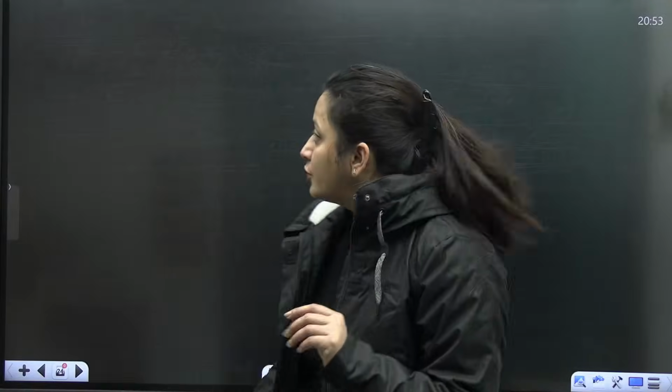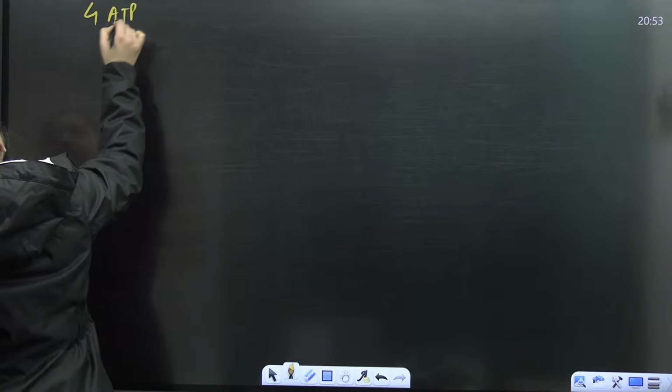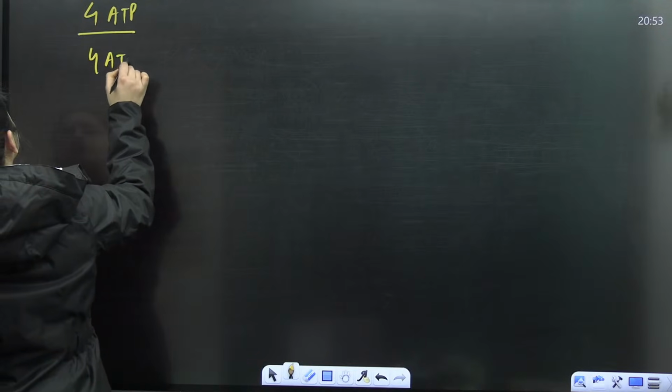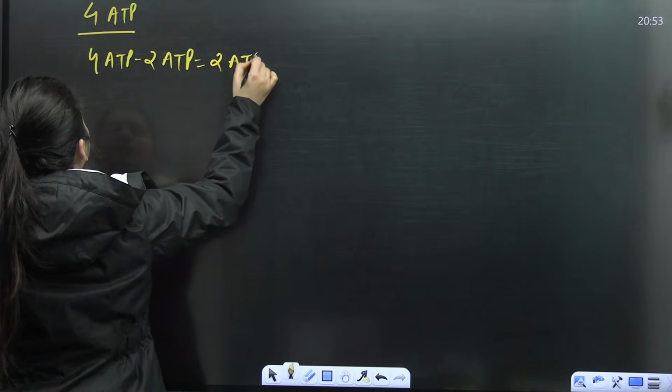Then after that you made a profit of 20 lakhs, but you have to return that 10 lakh now. So your net gain will be 10 lakh only. Same is the case here. You made 4 ATP, but how many ATP did you use? 2. So 4 minus 2 will be 2 only. So this is your gain.